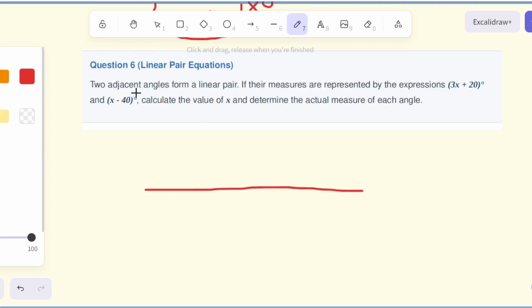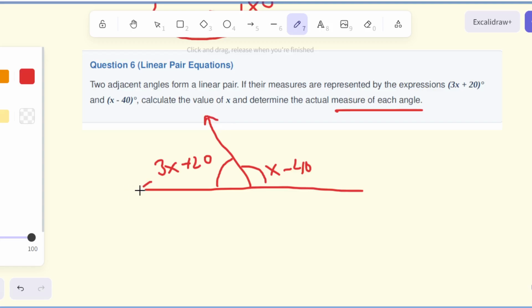Now they're saying two adjacent angles form a linear pair if their measures are represented by 3x plus 20, meaning any one angle is 3x plus 20, and the other one is x minus 40, right? Calculate the value of x. You have to find the value of x and also find the measures of each angle.